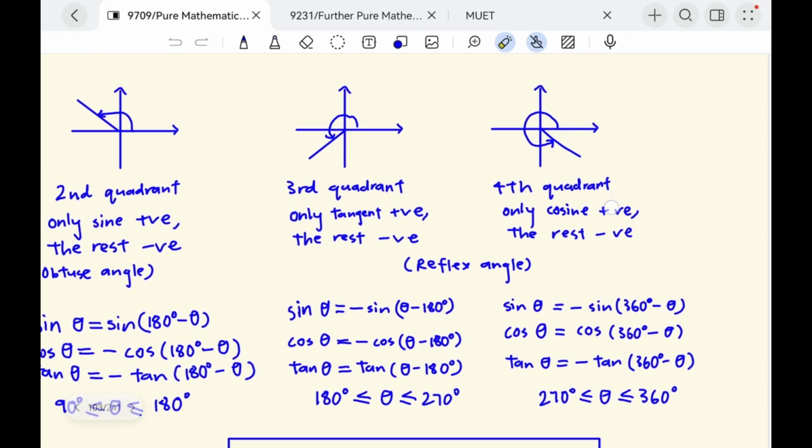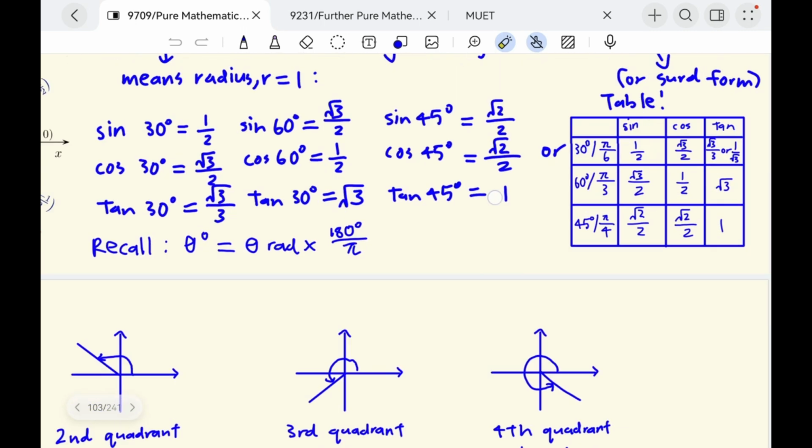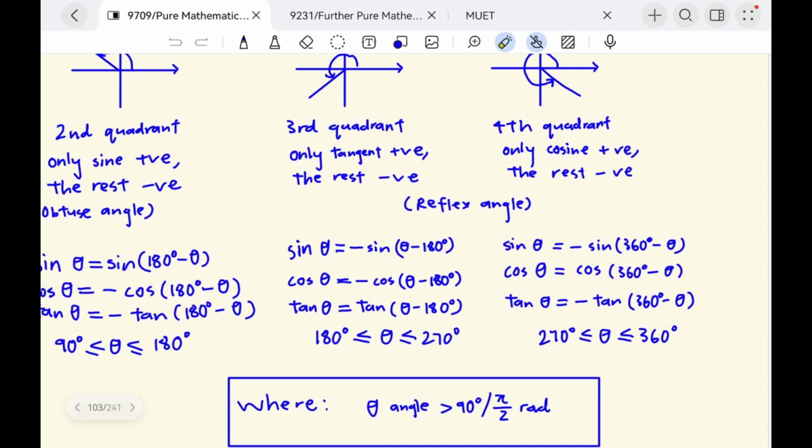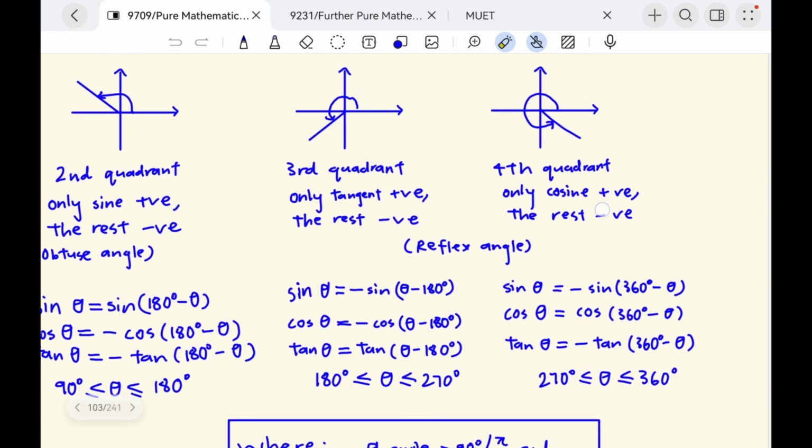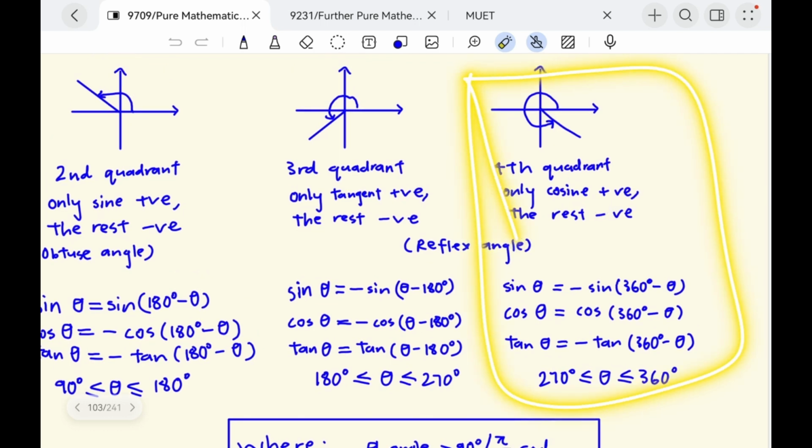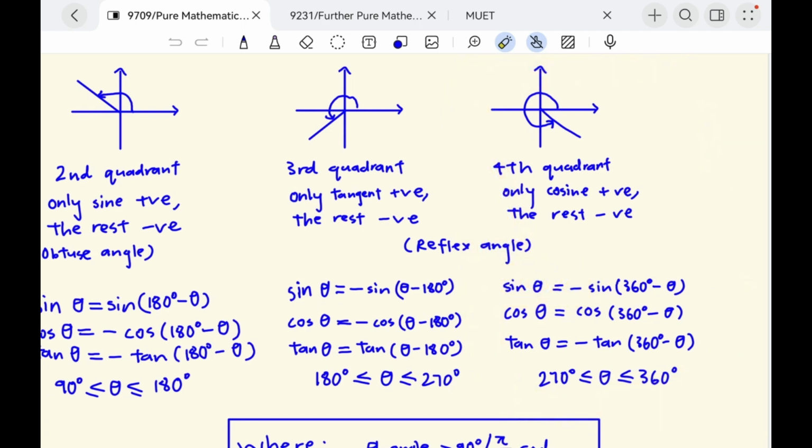Alright, the fourth quadrant. For the fourth column, the sine theta is also negative, where the theta is also a reflex angle, just that the reflex angle exceeds 270 degrees or 3 pi over 2 radians. Alright?